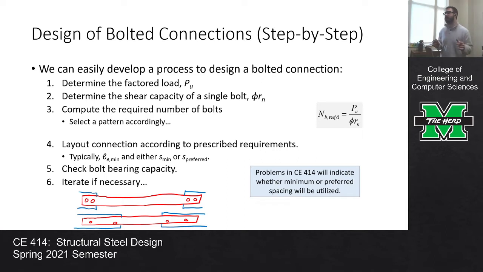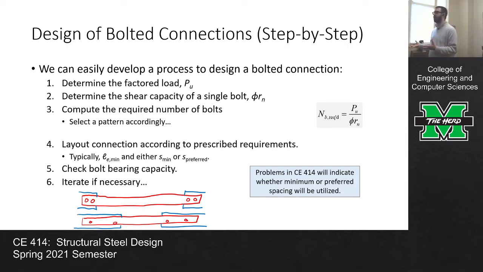Once you've got the load, you've determined the number of bolts, and you've spaced them out accordingly, the last thing you have to do is check the bolt bearing capacity, because just because you've laid out the connection doesn't mean it works. You pretty much know that it works based off bolt shear, because you've taken the load divided by the shear capacity of a single bolt to get the total number of bolts, and then you round that up.